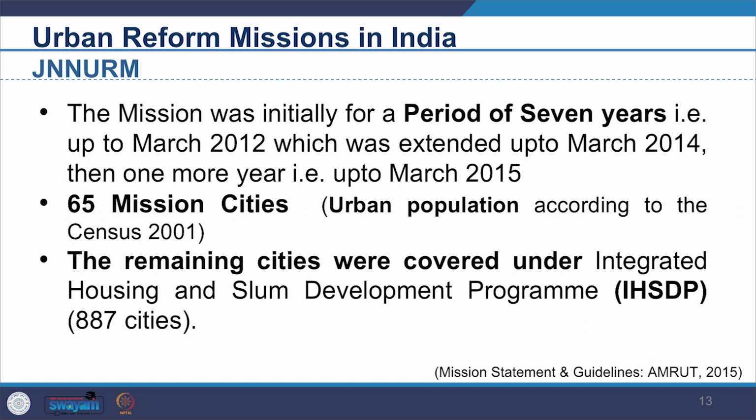During March 2013, the mission period was extended by 1 more year, that is up to March 2015, to complete ongoing projects. 65 mission cities identified based on urban population according to the Census of India 2001 or the cultural and tourism importance were covered under BSUP, and the remaining cities were covered under IHSDP. Nearly 887 cities were covered.